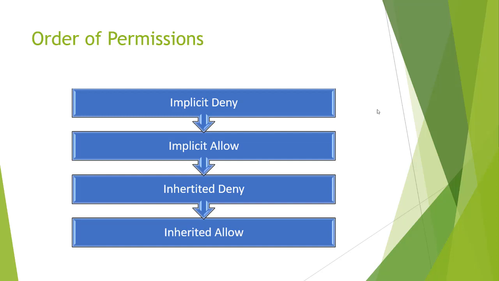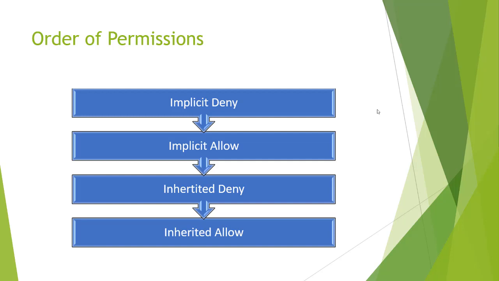And then there's also what's called inherited deny, and that'll make more sense as we talk about NTFS and how the permissions are passed down from parent to child.